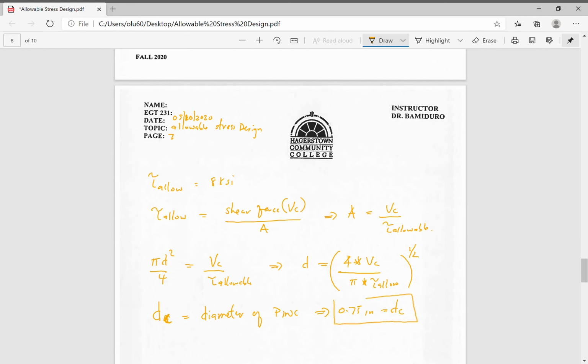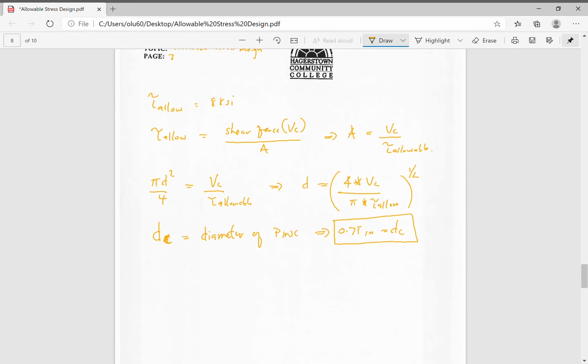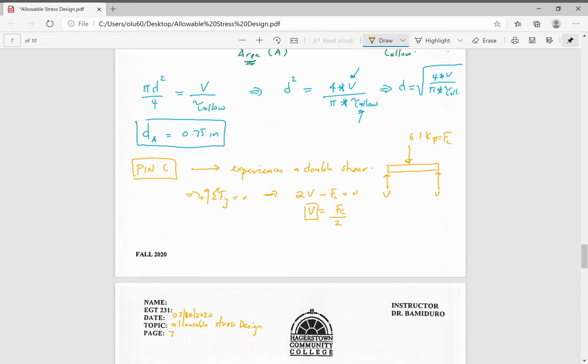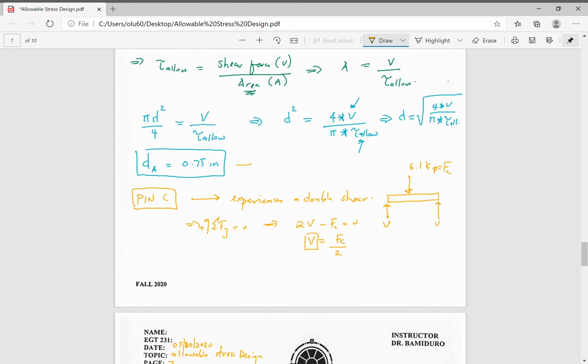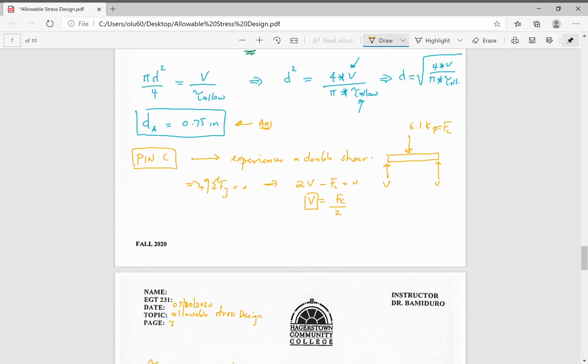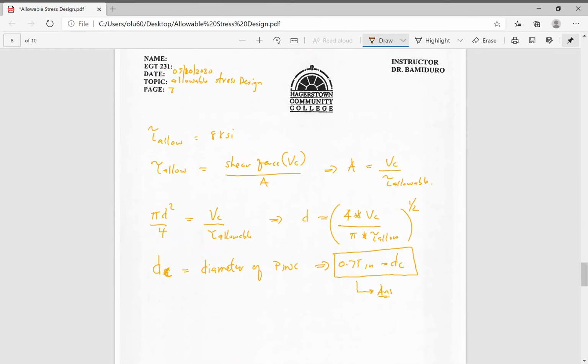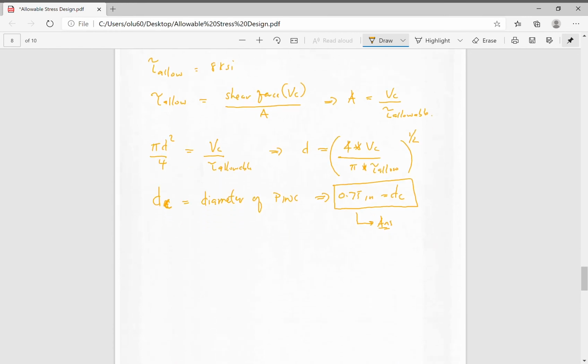So kindly, that's the answer there, and this is the answer here. Kindly look at this and let me know if you have any questions. Again, geometry makes a big difference.